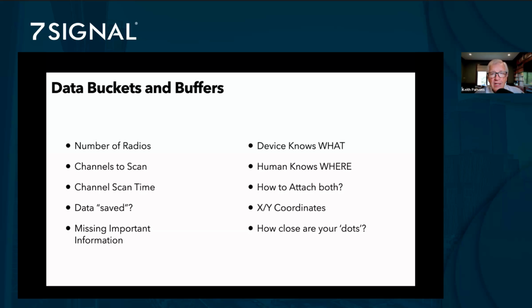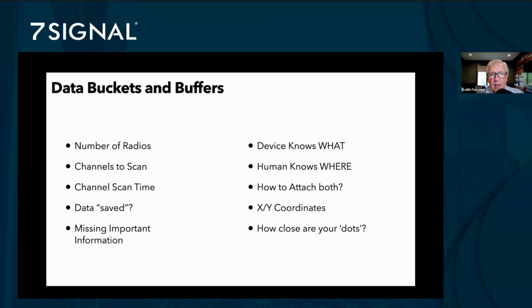Now, here's the big issue of why validation surveys, and why the whole presentation today and the tips I'm going to show you. The device knows what was collected: RSSI, co-channel interference, BSSIDs, what channels were supported, all of the information elements that were in the beacon. They're all collected. But what's missing is it doesn't know where to save those.